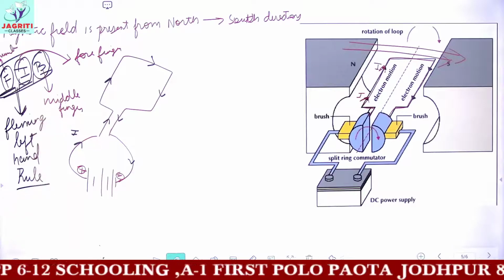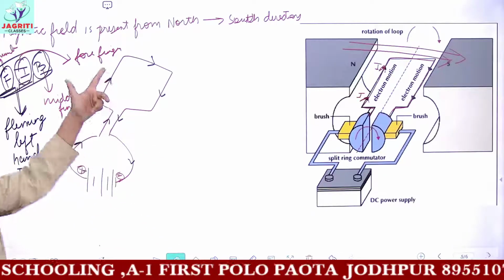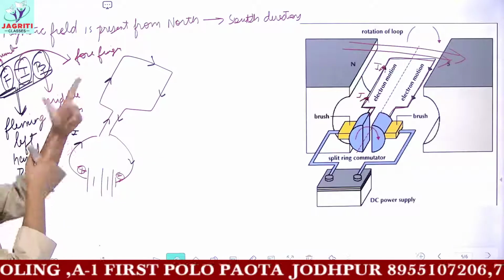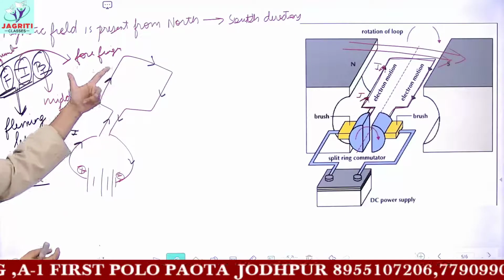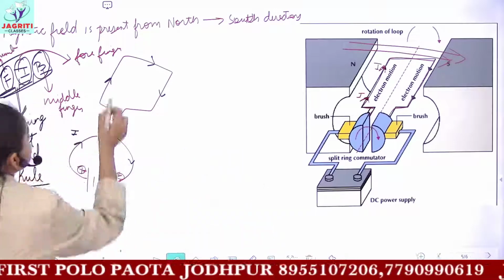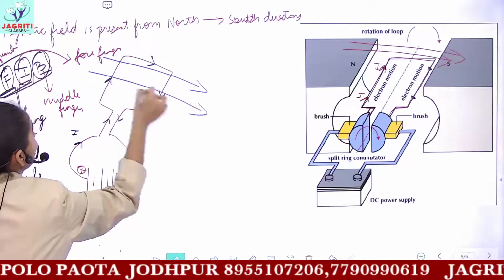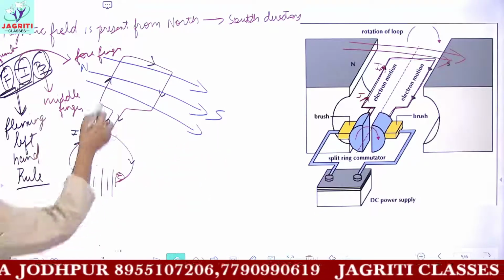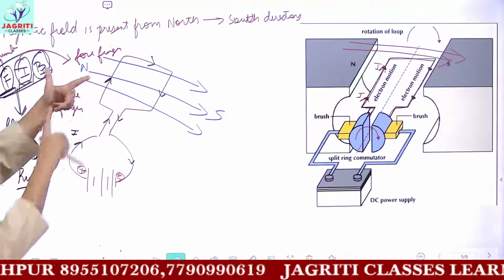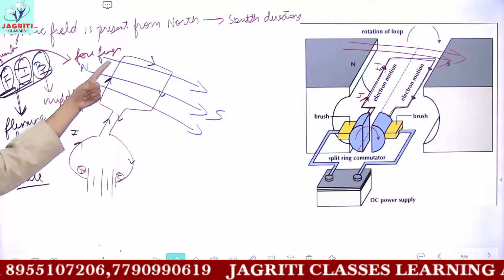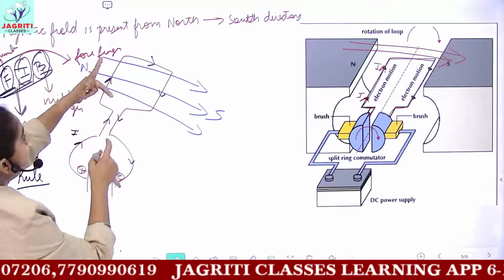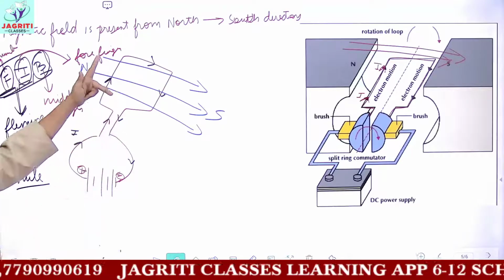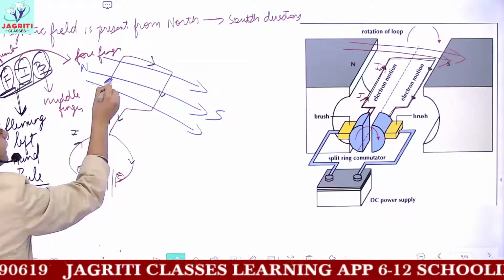If I apply Fleming's left-hand rule in this condition, my forefinger points in the direction of current, and the direction of magnetic field is from north pole to south pole. This black arrow shows the direction of current. The magnetic field is shown by the middle finger.